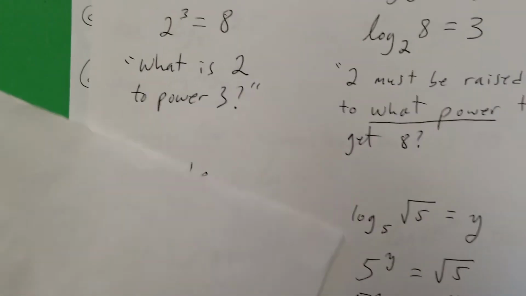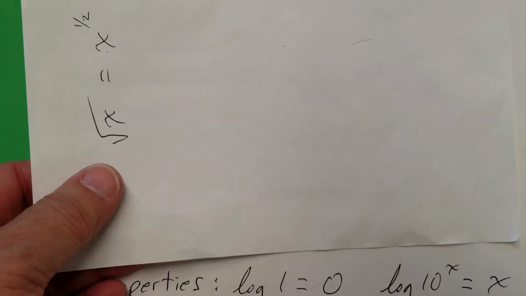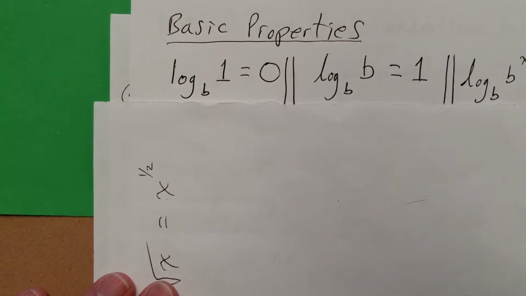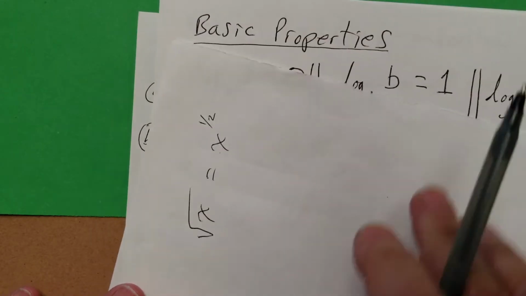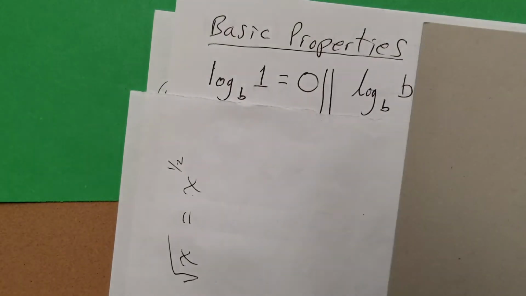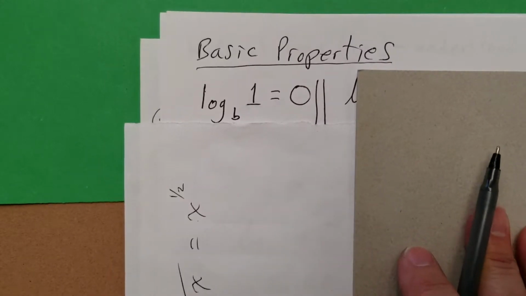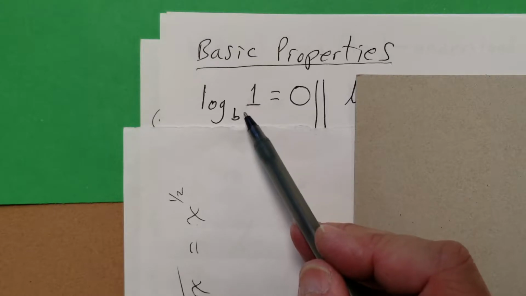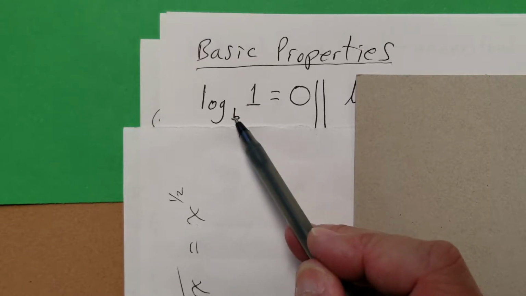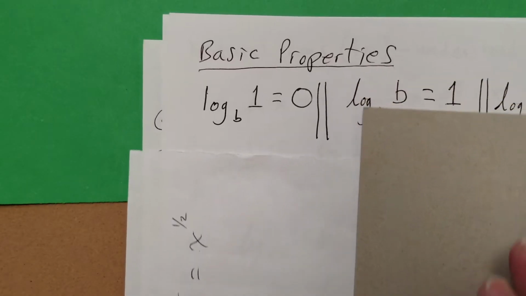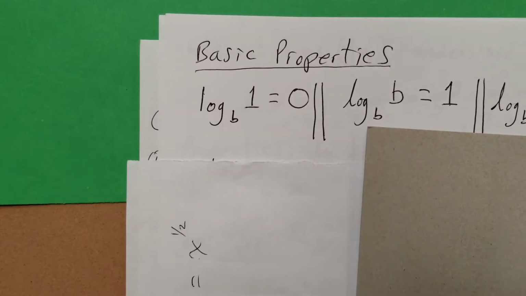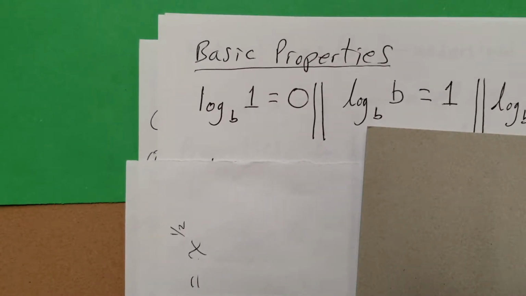Now let's talk about some basic properties, some facts that always happen. B to some power always gives you 1. What is that power? Any number to this power is 1, so it's got to be 0. Do you remember that? Any number to the 0 power is 1. That's this.